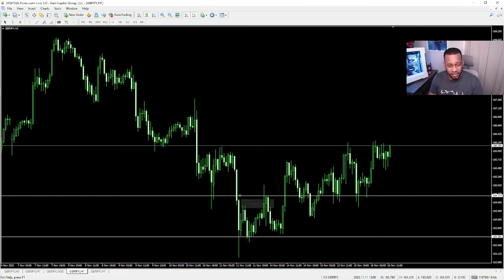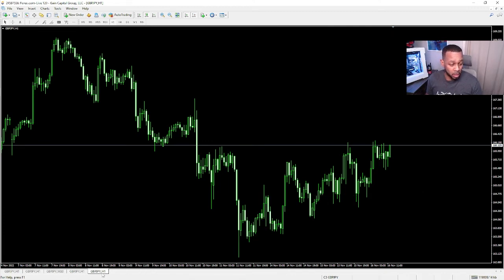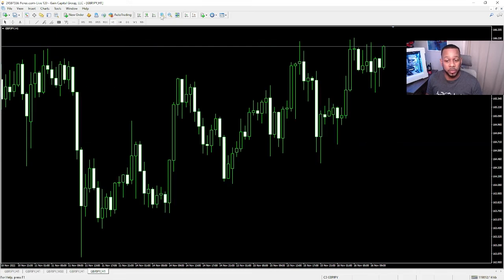So if I just highlight this right here, this is when price action begins to change its momentum. Once this happens, we can take a look, and let's just go over here. Let's zoom in a little bit.